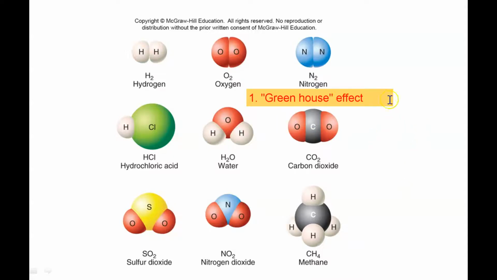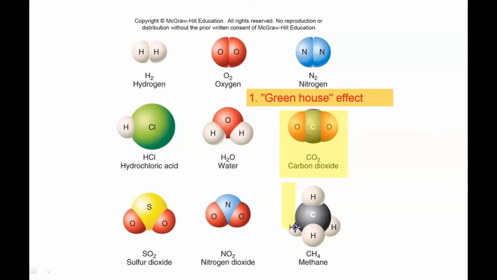So since we are talking about the greenhouse effect, let me also mention a different molecule which is a very powerful greenhouse molecule in addition to carbon dioxide. This molecule is not a normal ingredient of the atmosphere. It's more of a pollutant.